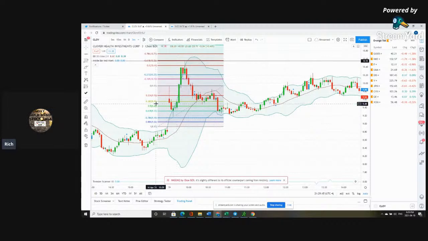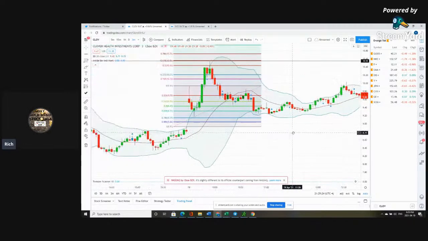Then we have the first pullback, right to the 786, a little bit above it. This is called the gap fill. As you guys know, this is one of my favorite trading strategies. We have a gap up, we pull into the gap, we have a hammer reversal, and we absolutely destroy it. A hammer reversal on a gap up, gap fill is very, very powerful, beautiful.